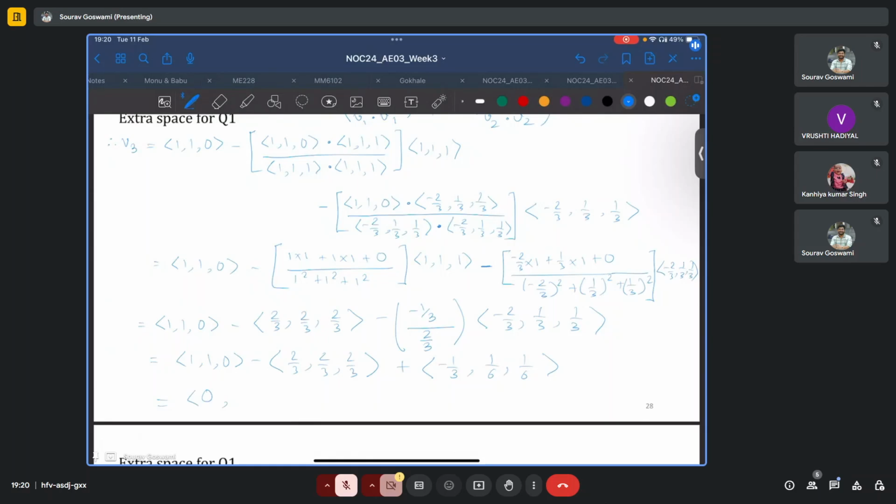1 minus 2 by 3 is 1 by 3 plus 1 by 6. 2 by 6 plus 1 by 6 is 3 by 6 or half, and 0 minus 2 by 3 plus 1 by 6. So this is minus 4 by 6 plus 1 by 6 is minus 3 by 6, so minus half.